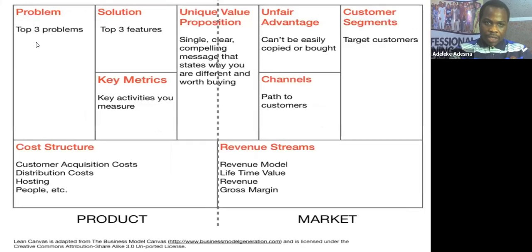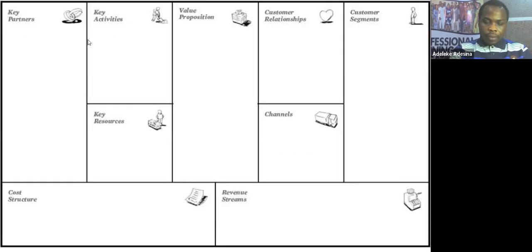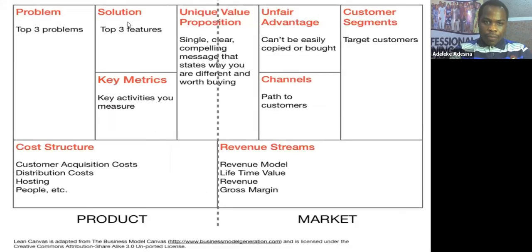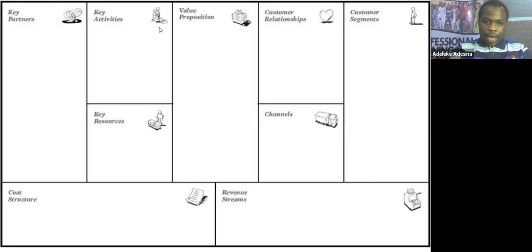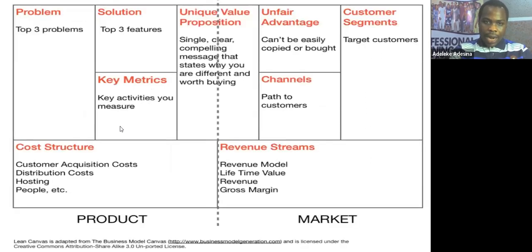If you check the lean canvas, no key partners there, but in the business model canvas you have key partners. In place of key partners, you have problem for the lean canvas. In the business model canvas, you have key activities. Here, key activities. Here you have solution, and then in the business model canvas, you have the key resources, and here you have key metrics. So those are the points of difference between the two.